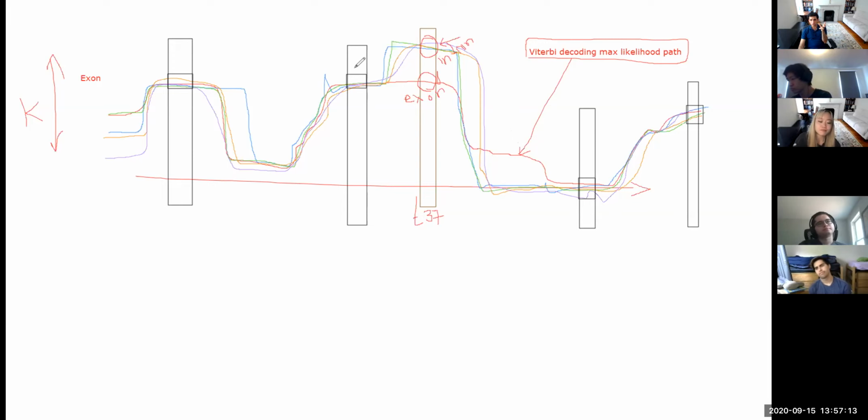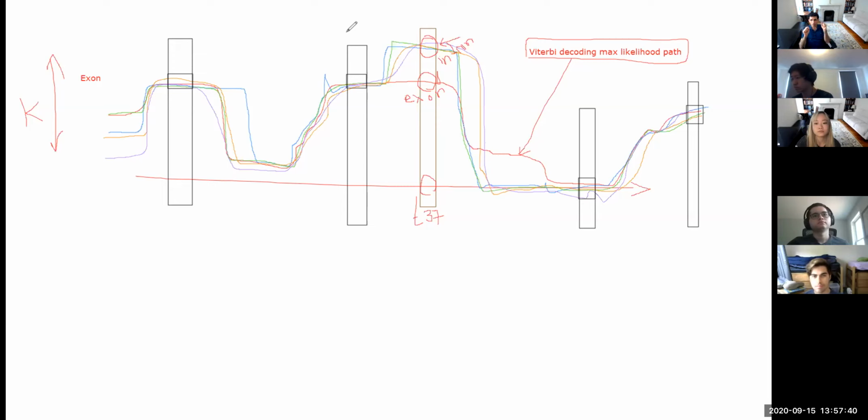And what posterior decoding tries to do is say, can I find not just the maximum likelihood path, but the most likely state at every position, taking the sum of all of the probabilities summed over all paths, okay? So let's do a quick poll here and see who's with me.